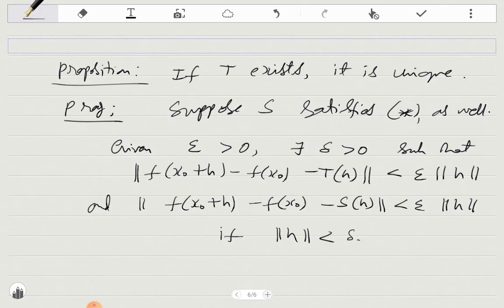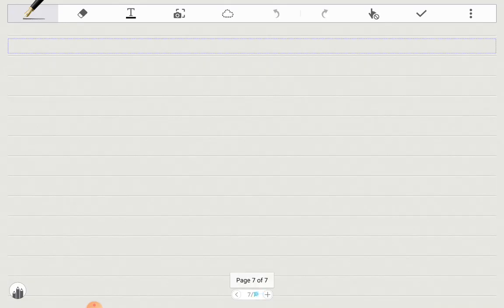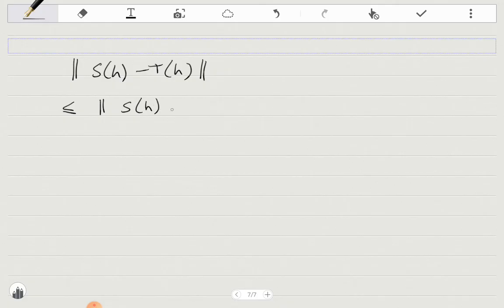Now let's estimate norm of S h minus T h. Let's use the triangle inequality. S h minus f of x naught plus h minus f of x naught, plus f of x naught plus h minus f of x naught minus T h.